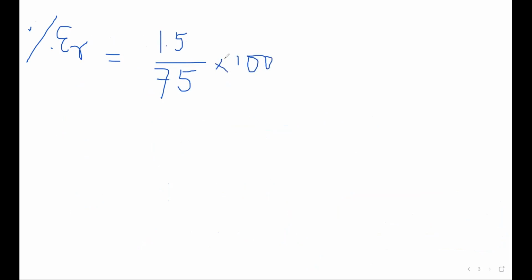Okay, now next we will try to find out this relative error in percentage. So that will be percentage of epsilon r, clear? That will be equal to what? 1.5, that's my del A, divided by 75, that is the voltage measured given in your problem, into 100. Tell me the value.